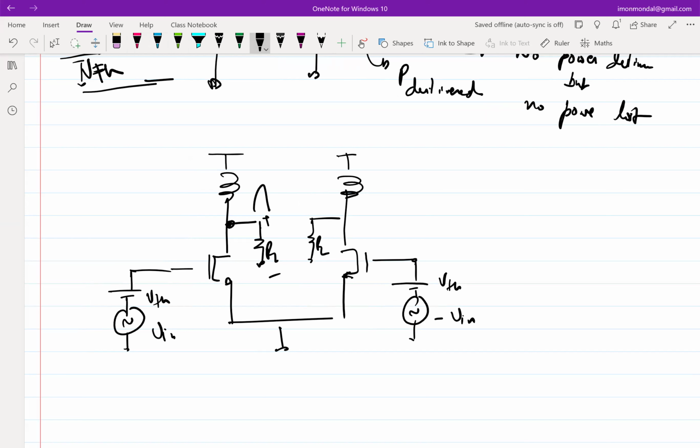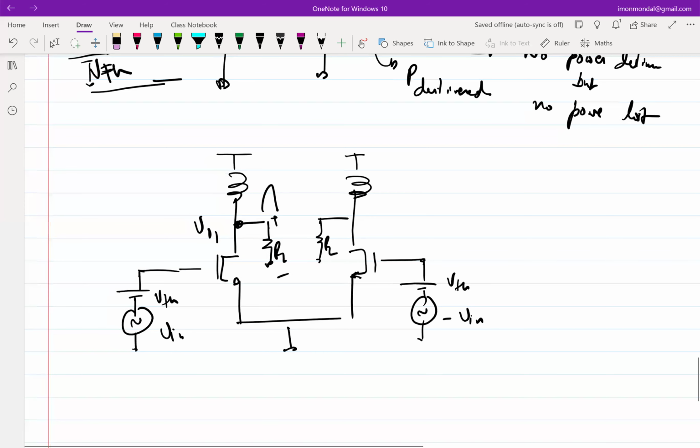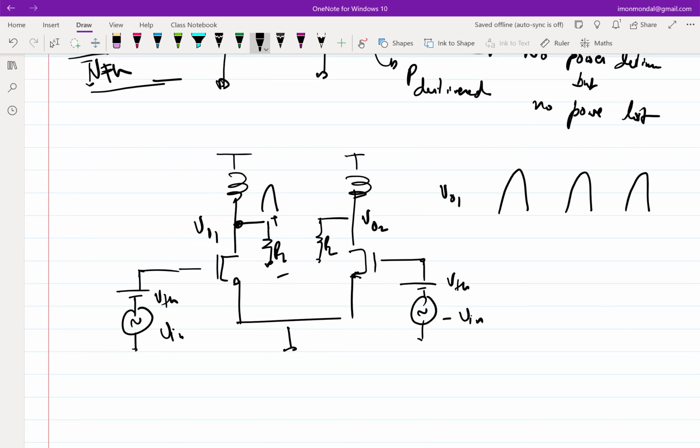So this VO1 and VO2. VO1 should look like this, and VO2 should look like this. Correct? So ultimately, you have to take the subtraction of VO1 and VO2 so that you get the full sinusoid.